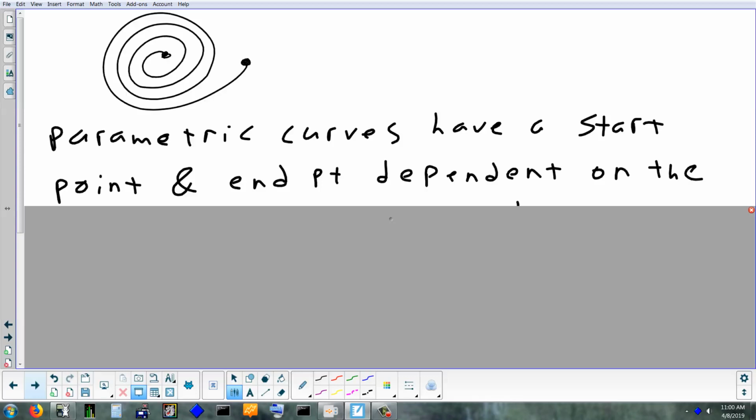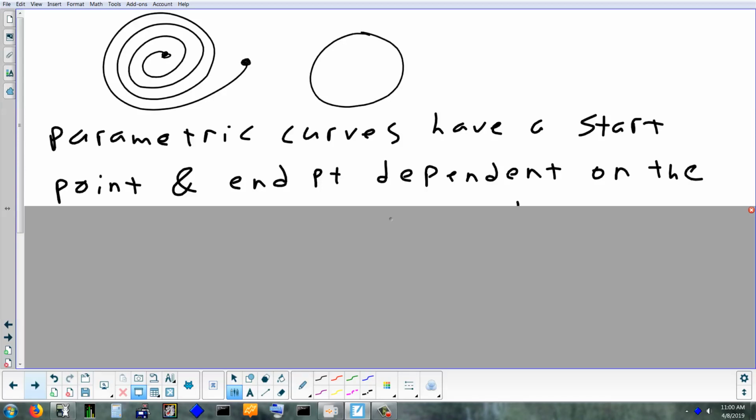Now, sometimes it's hard to see the start point and end point. If you have a parametric graph that connects back to itself, like a circle, if you didn't watch me draw that, you can't really tell where I started and stopped. I mean, you kind of can, because I didn't draw it perfect. But if I had drawn it perfect, you wouldn't really be able to tell, right? So a circle can be kind of hard to see the start and stop.